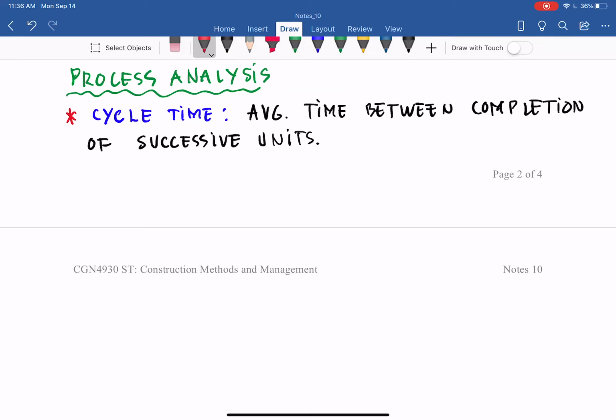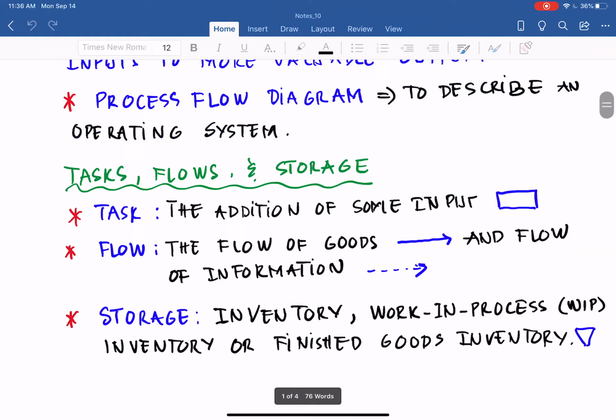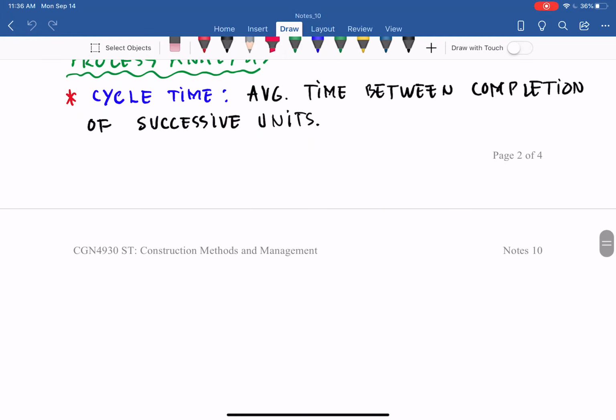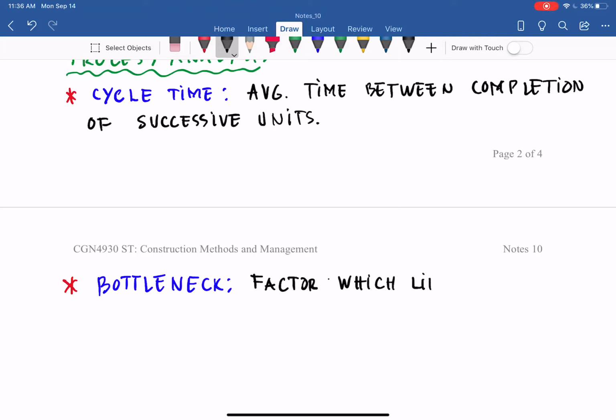Then we have the concept of bottleneck. That is the factor which limits production, and that we call the bottleneck.